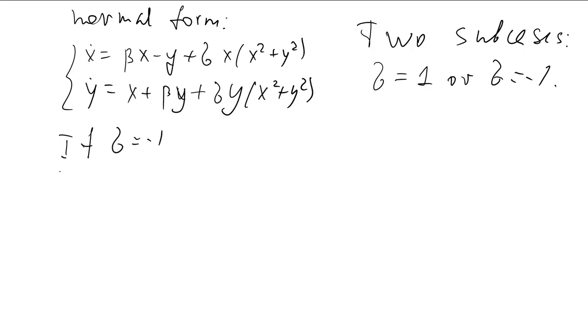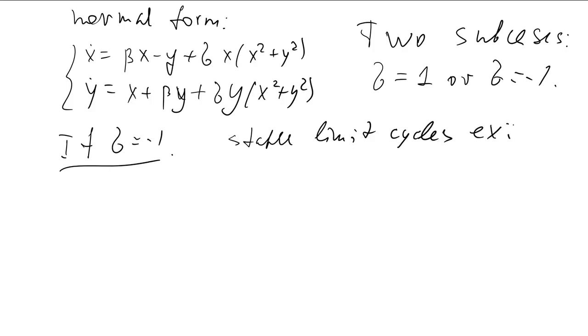If sigma equals minus 1, well, you don't need to remember this. What you need to remember is that we can have two cases for Hopf bifurcation. One case is, let's say, sigma equals minus 1: a stable limit cycle exists when beta is positive.